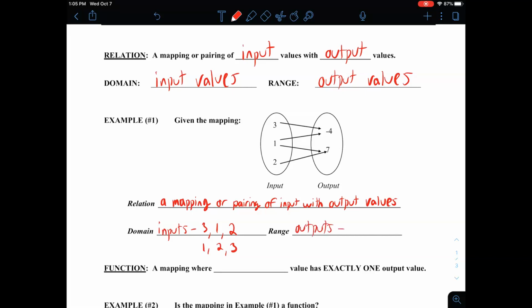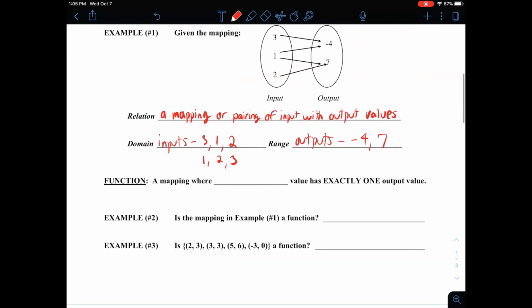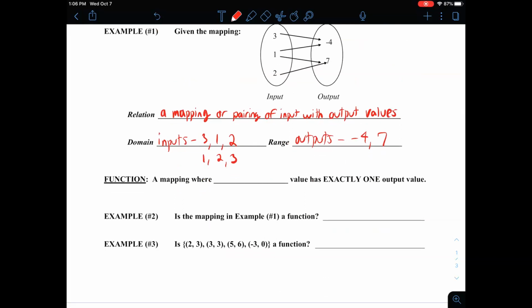So what are our outputs? Well, we have -4 and 7. Easy peasy. All right. It says a function, though, is a mapping where each input has exactly one output value, okay?